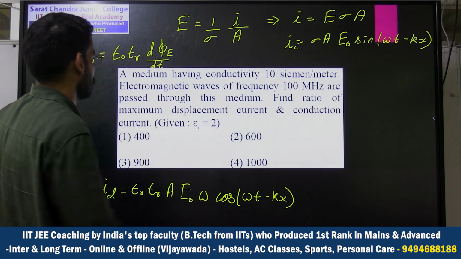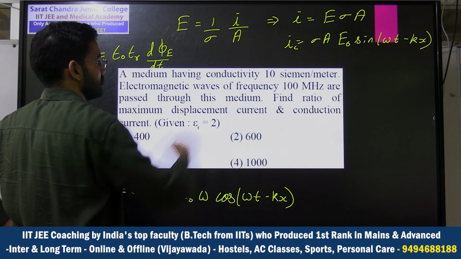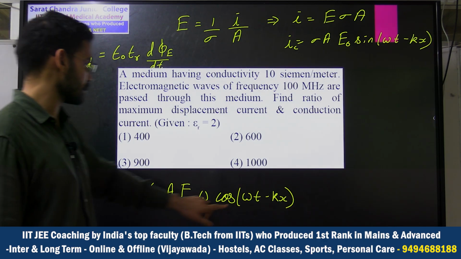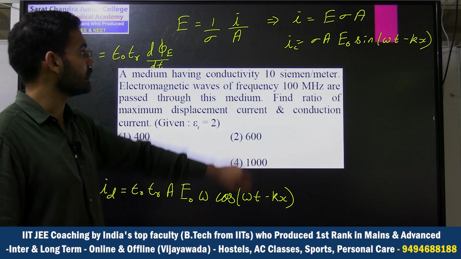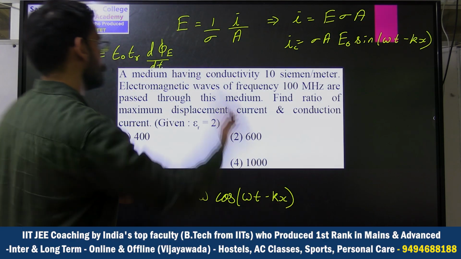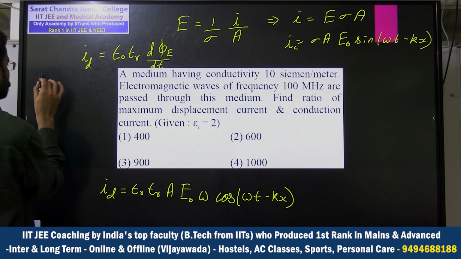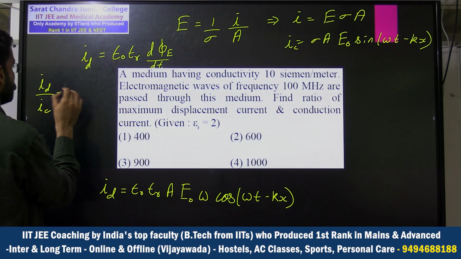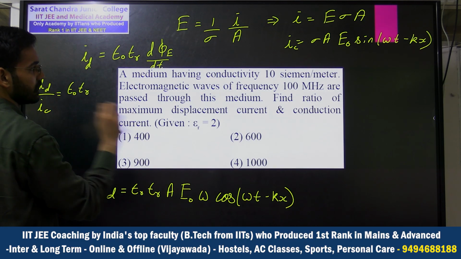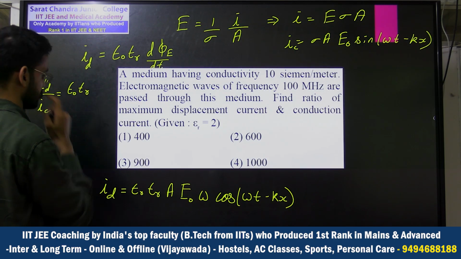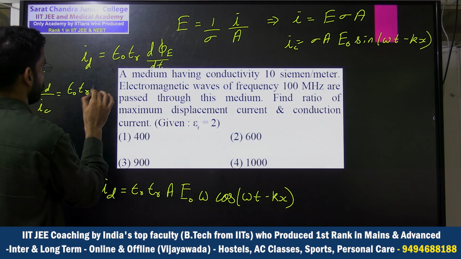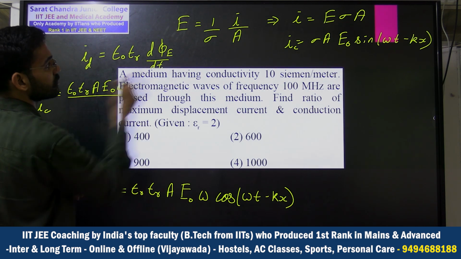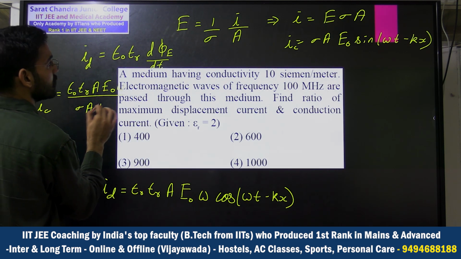Next, he is saying find the ratio of maximum displacement current and conduction current. To maximize the displacement current, cos is 1, and the sine is also 1. If you divide ID by IC, you will have epsilon naught epsilon r A E naught omega divided by sigma A E naught.